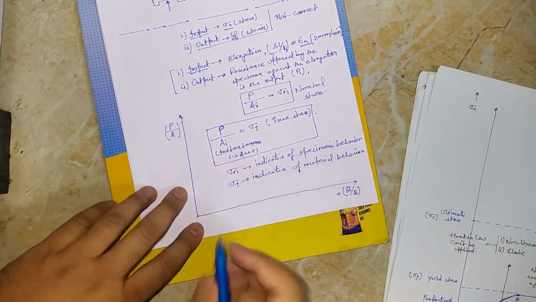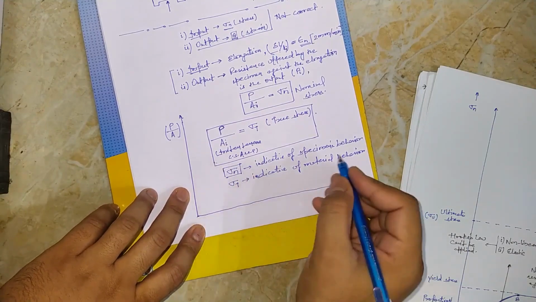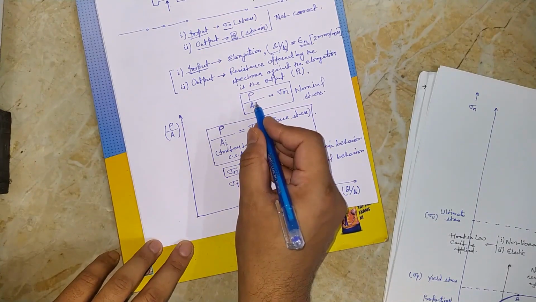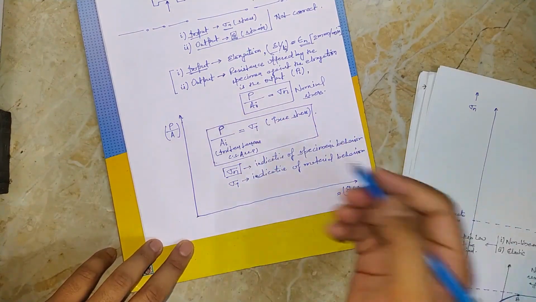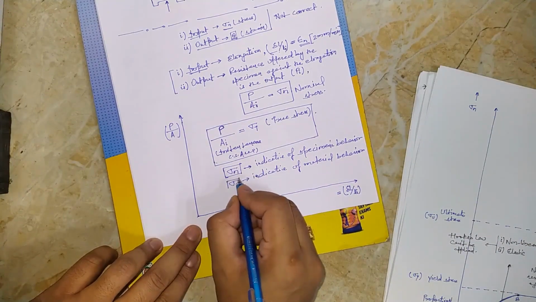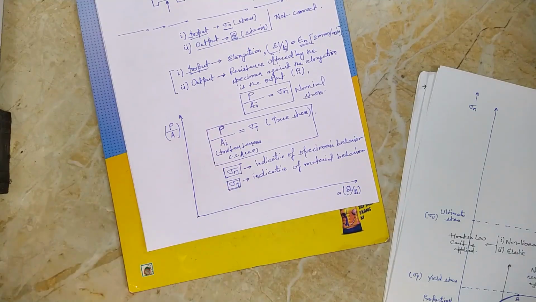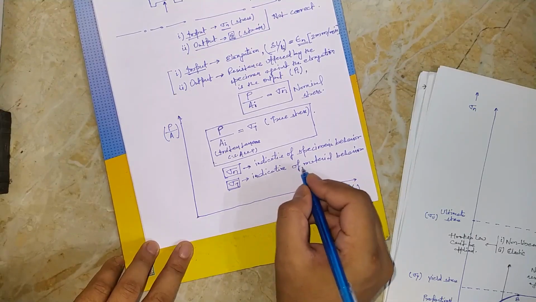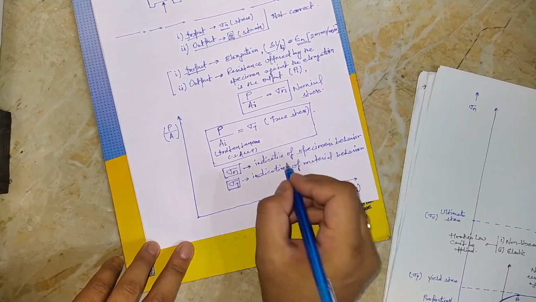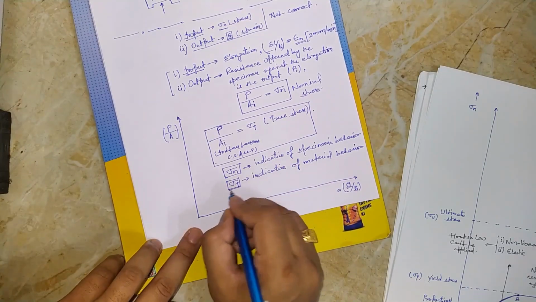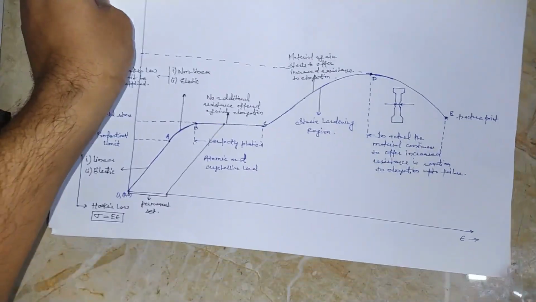Nominal stress is an indicative of specimen's behavior because we have divided by the initial cross-section area. We have not taken the instantaneous cross-section area at each point into consideration while devising the formula for stress. But while deriving the formula for true stress, we have taken the instantaneous cross-section areas of the specimen at each point. So it will give a proper idea about how the material behaves. Now we'll try to plot this true stress strain diagram and we'll see the change in behavior.